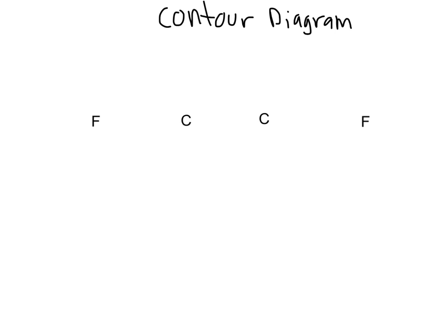So that sigma bond is still going to be counted right here in the overlap of these 2 sp bonds. That's the sigma bond from the triple bond.